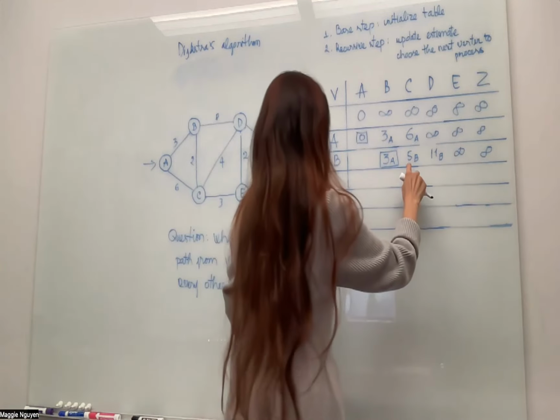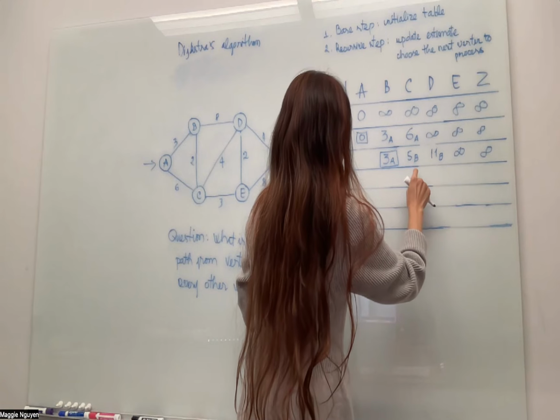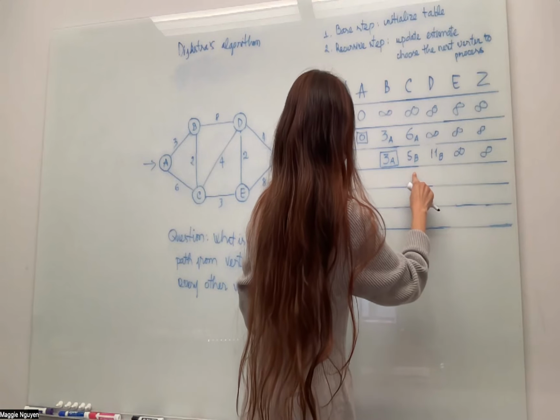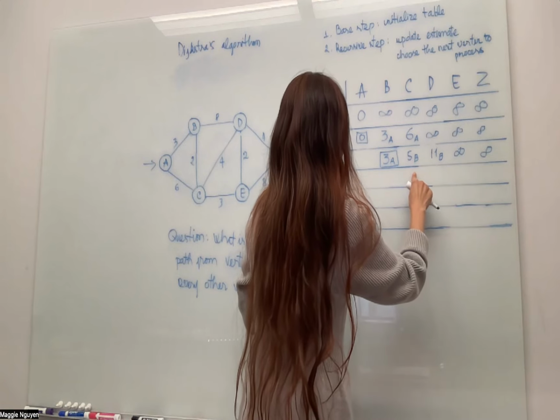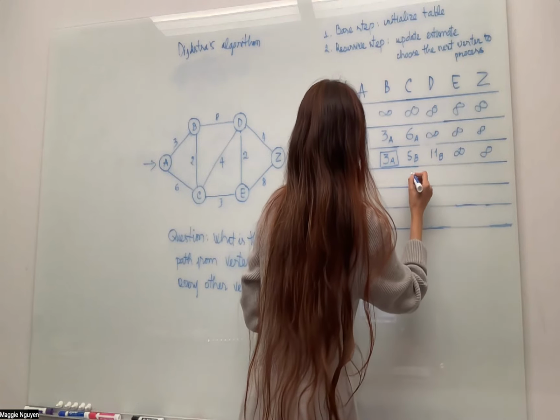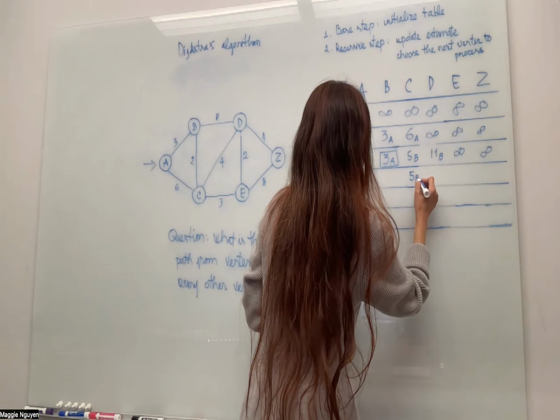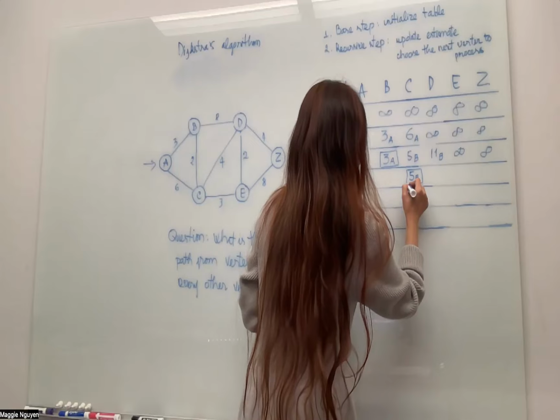Now between the two vertices, C has the smaller value. So I'm going to choose C. I copy down the smaller value for now. I box it so it's already processed.